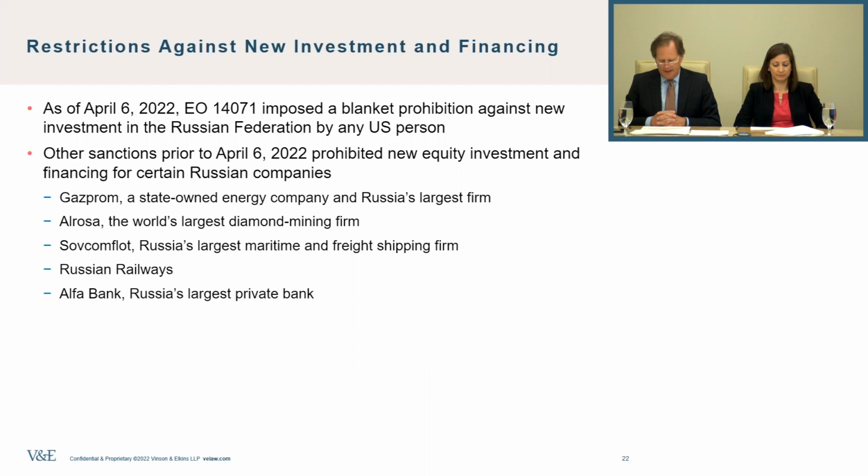But now, as Elizabeth mentioned earlier in the presentation, as of about April 6th, there is a blanket prohibition against new investment in the Russian Federation by any U.S. person. So they started with this more focused prohibition on new equity, and now there is a total new investment ban in Russia.